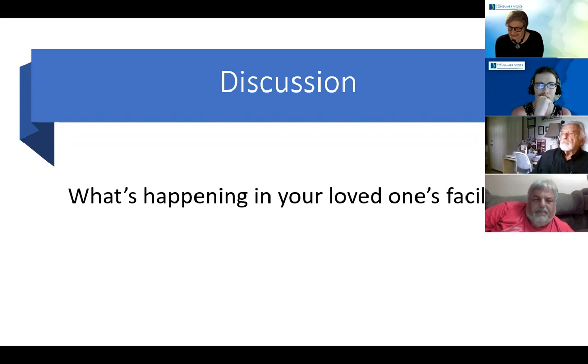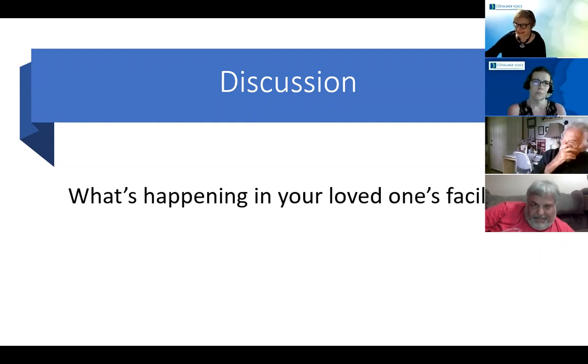Often they go to the easiest path, which is to say, we can't meet your needs. And underneath it often is, the family's too demanding, they're complaining too much. There's often something else going on that gets hidden by "we can't meet their needs."